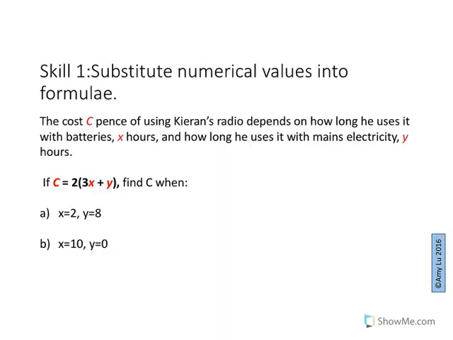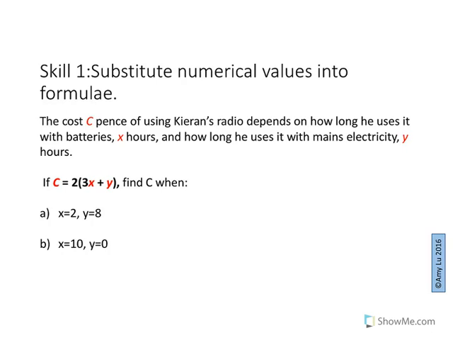Let's try one more. So in this problem, the cost, C, pence, so C is going to represent the cost in terms of pence, of using Kieran's radio depends on how long he uses it with batteries, X hours, so X represents hours, and how long he uses it with electricity, Y hours.